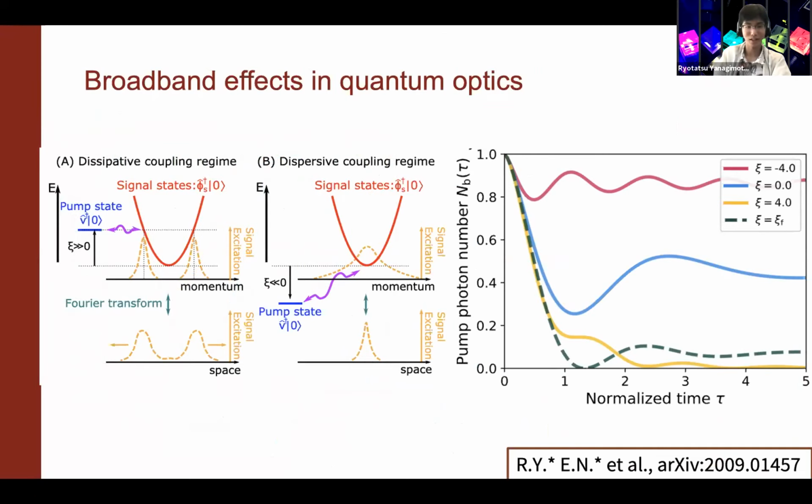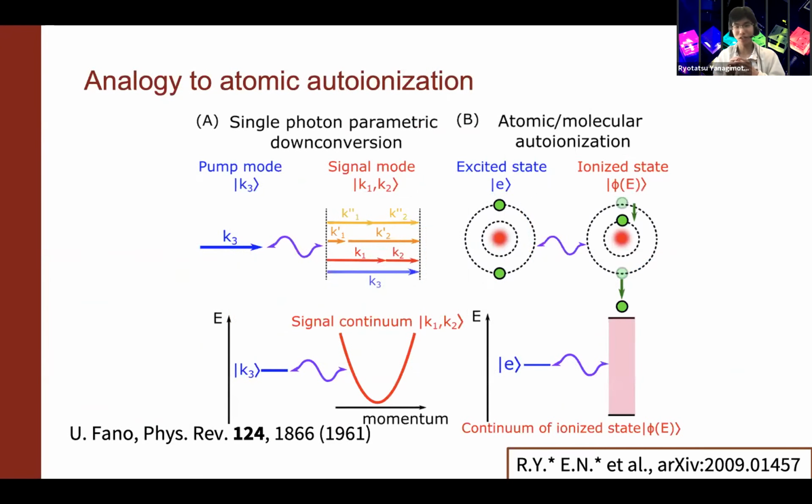Although this theory is based on the single photon pump case, if you think of the coherent state as a superposition of a zero photon state and a tiny amount of population in the single photon state, the dynamics of the zero photon state is trivial. It just doesn't do anything. So in that sense, we can also see this as the non-trivial contribution to the dynamics of a weak coherent state in the Kerr nonlinear waveguide.